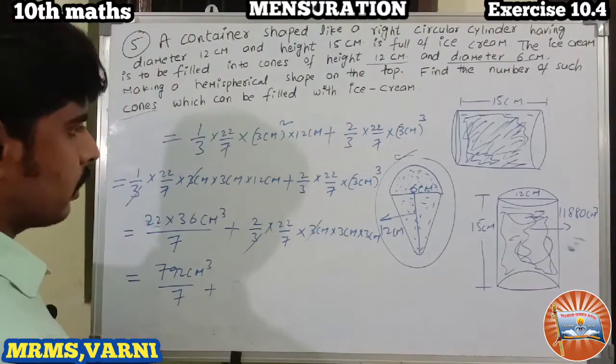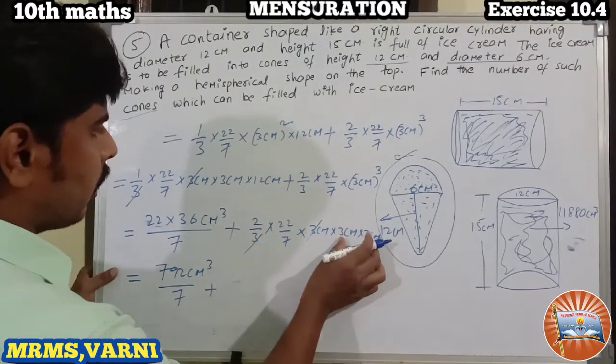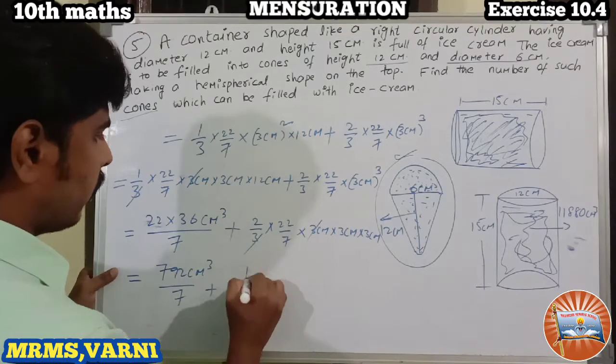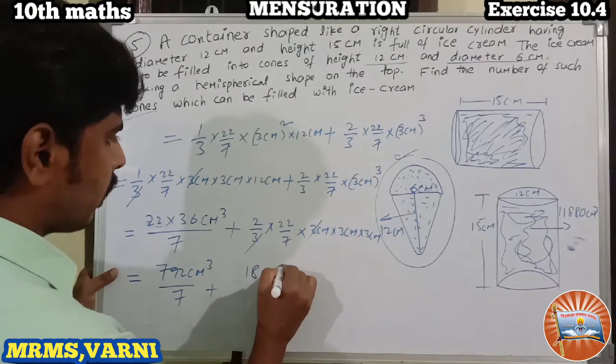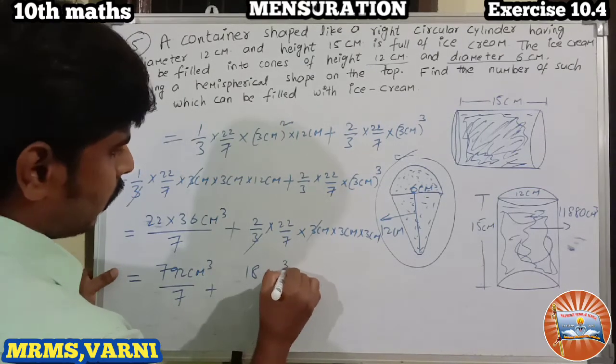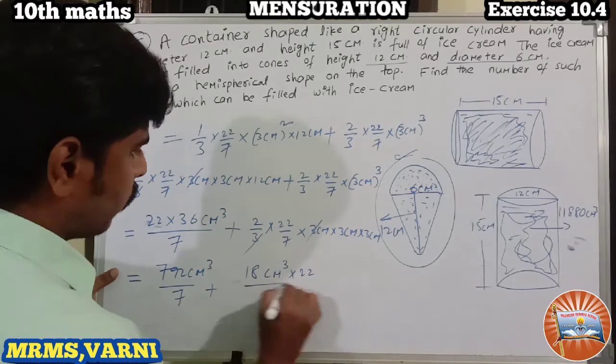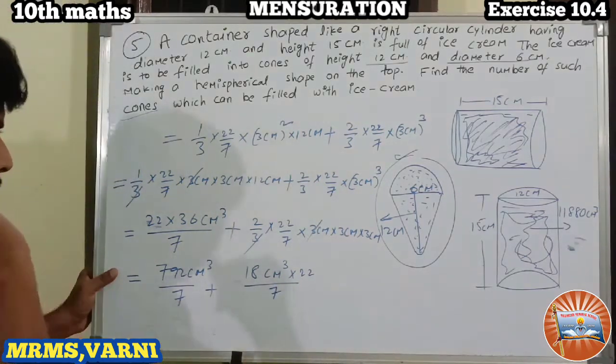now we have to simplify this. 3 3s are 9, 9 2s are 18, so 18 centimeter cube into 22 by 7. Is it correct?